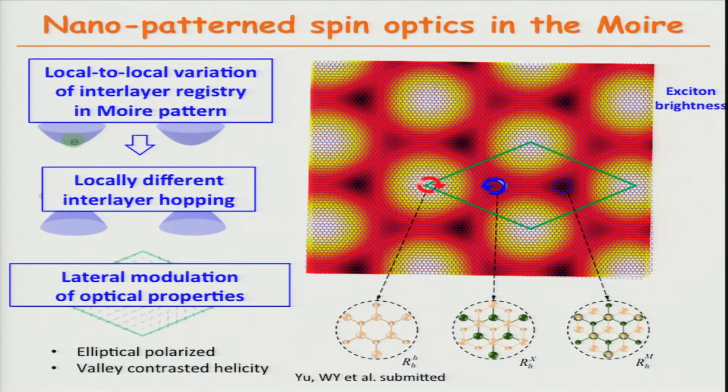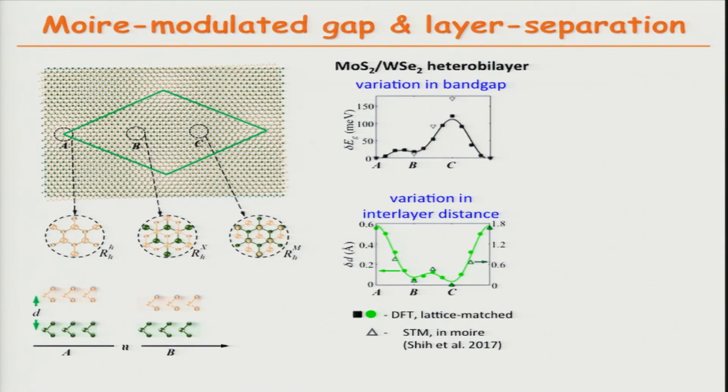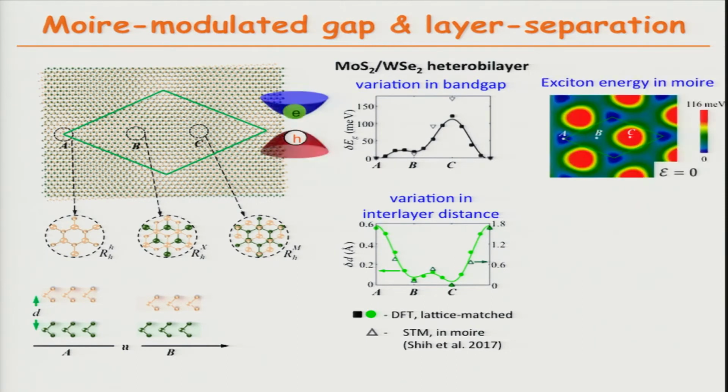But in the Moiré pattern, you also expect the modulation of other physical quantities, like the band gap and the topographic height, the separation between the two layers. So these quantities will also manifest in the properties of interlayer excitons. The electron-hole pair energy is directly given by this band gap.